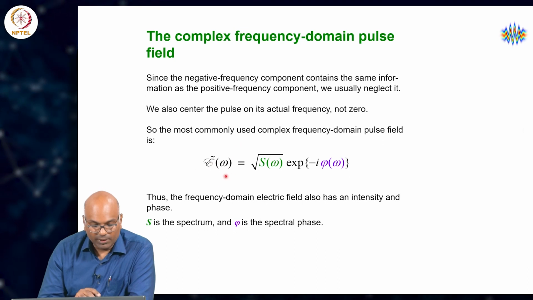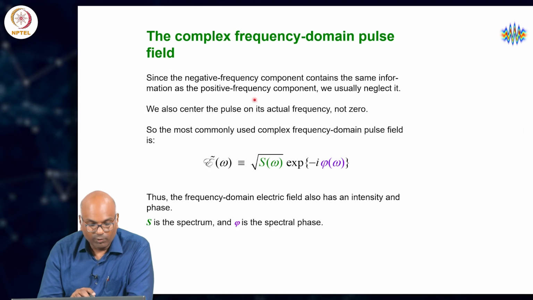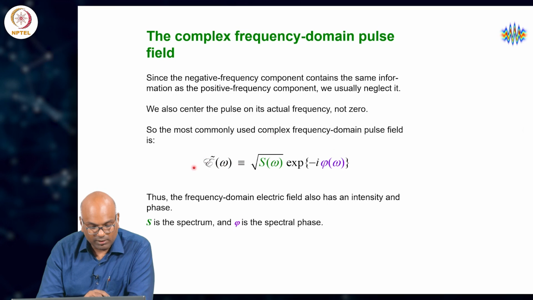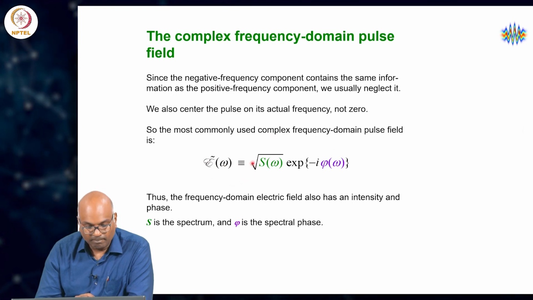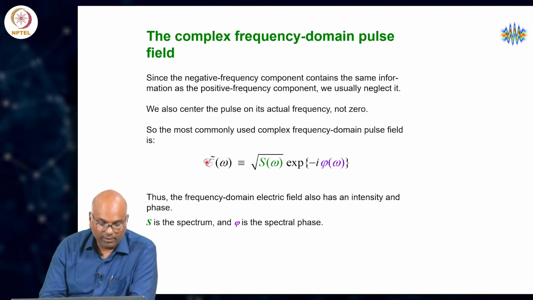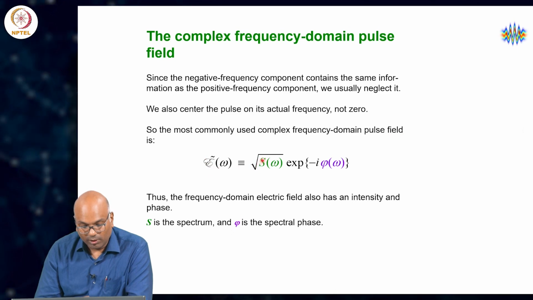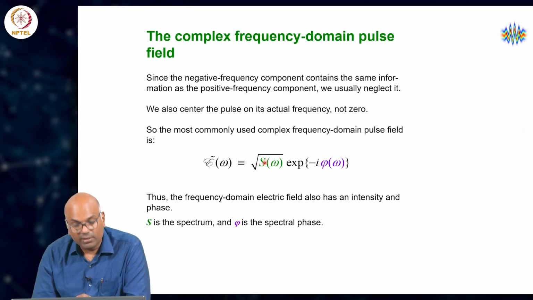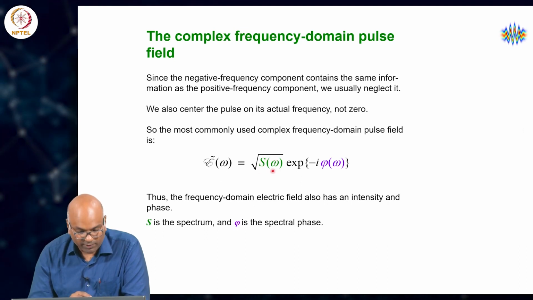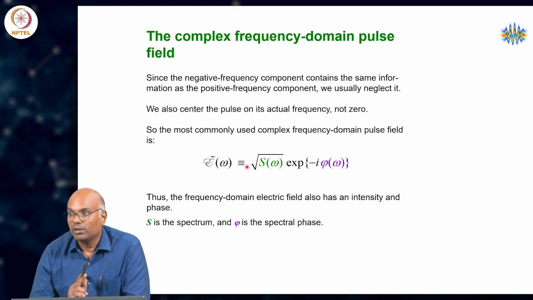Although writing it in the complex notation gave us something to worry about on both the positive and negative frequency side, we can stick to this complex frequency domain description of the pulse field as E tilde of omega, having an amplitude which we now write in the same way as we did in the time domain as the square root of S of omega, which is the spectrum of the pulse, a real valued number.